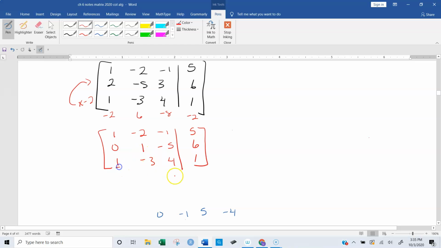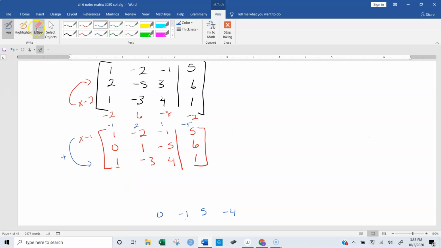So now we got to get this guy to a 0. So we're going to multiply the top row by -1. And then we're going to add it down. So nothing new, right? So -1, 2, 1, -5.